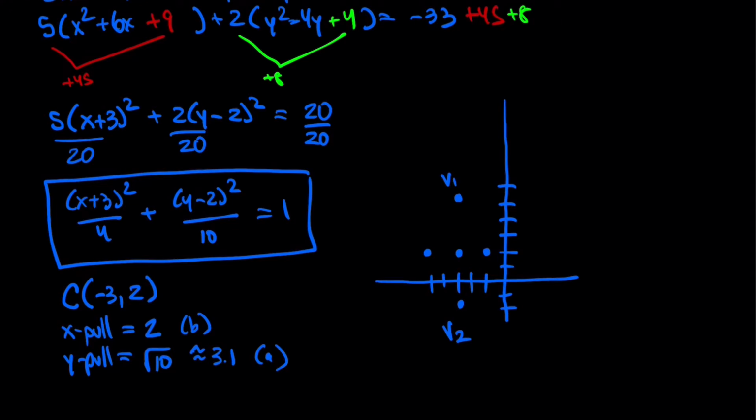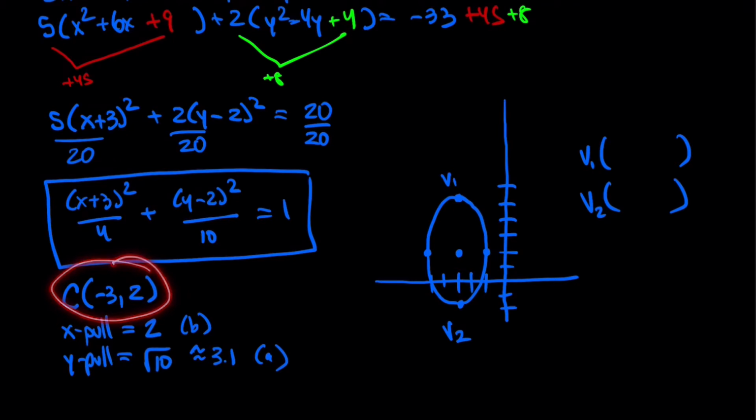So now I can make a somewhat accurate sketch with these coordinates. And I can identify the vertices. Let's see, V1 and V2. Now remember, I know the coordinates of my center, negative 3, 2. So what I'm doing to get the coordinates of the vertex, because I can't really rely on the grid, right?